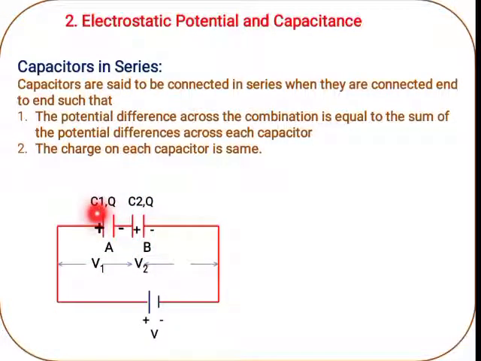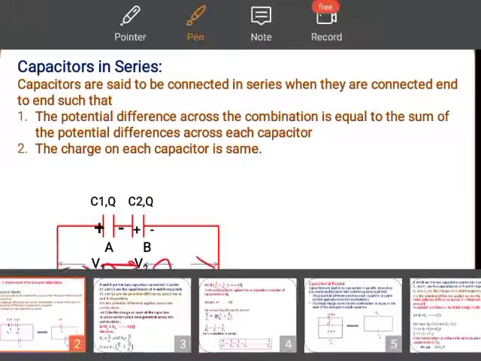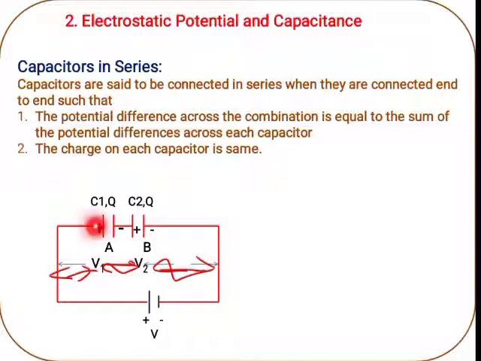That's why I mentioned only the Q notation. And these are the potentials between the capacitors, denoted by V1 and V2.